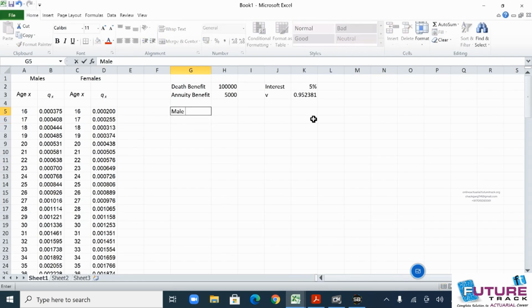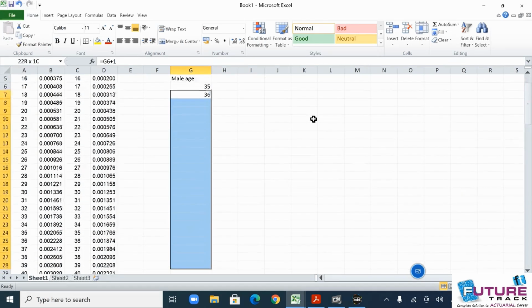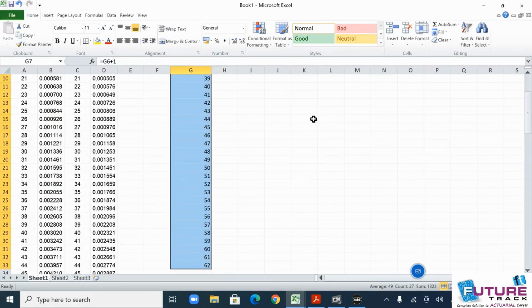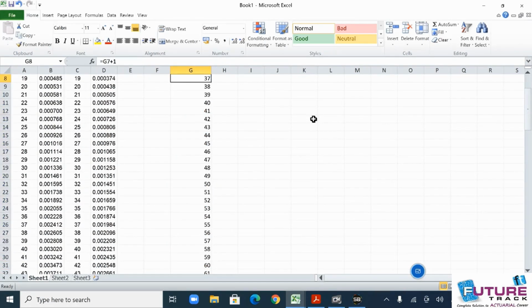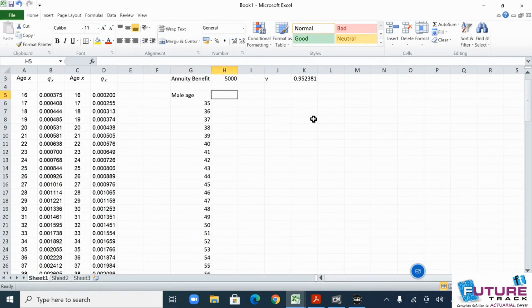So now class, let's start with the male age: 35, the policy starts, plus 1, and till 60 we are having this. Fine. So class, let me write the qx part first, mortality.